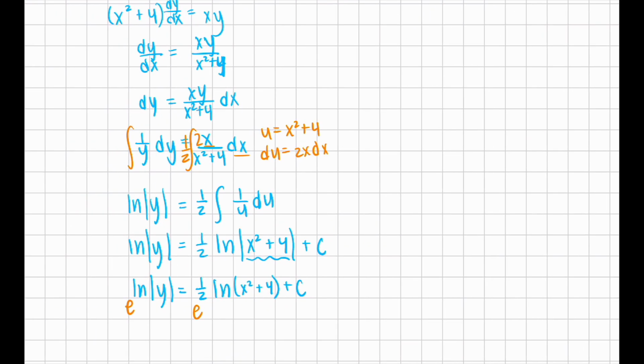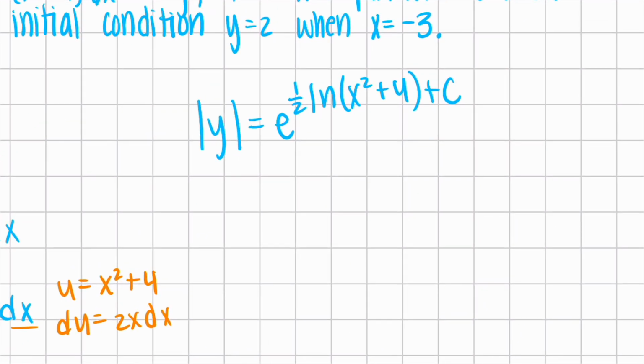I'm going to continue my work up here. We get absolute value of y equals e to the entire right side of the equation. From here, I'm going to say this is e to the 1/2 natural log of x squared plus 4 times e to our constant. And that works because if I have the same base, you can add the exponents.